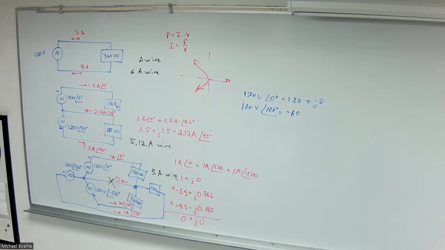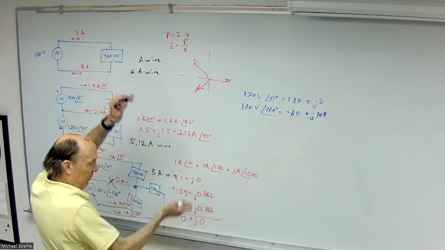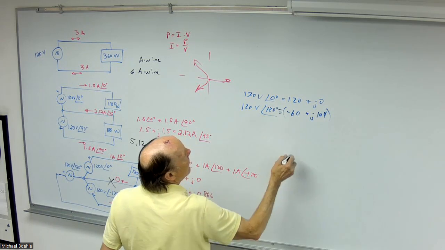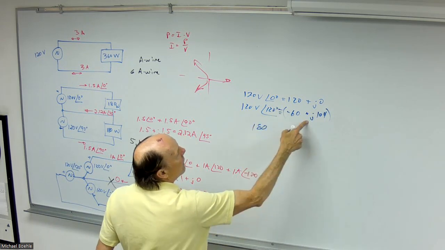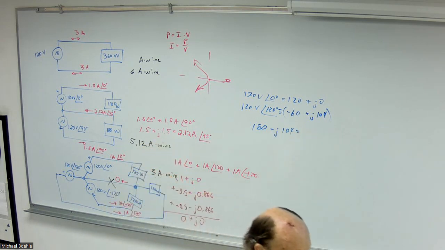104. Remember that, the potential difference, the difference between those two voltages. So if I subtract that, I end up with 180 minus j104. And if we convert that into polar form, 104 squared plus 180 squared, square root: 208.